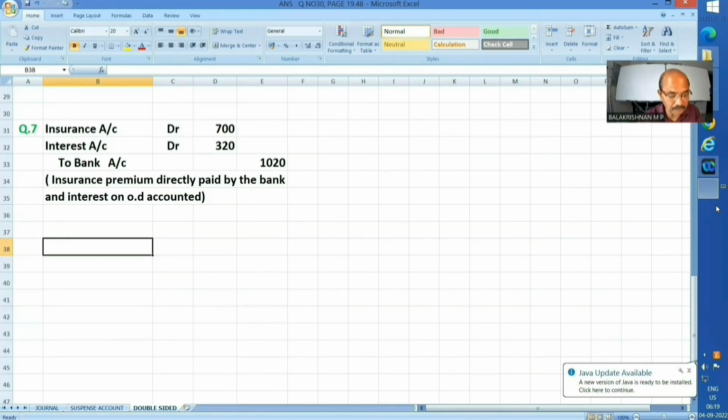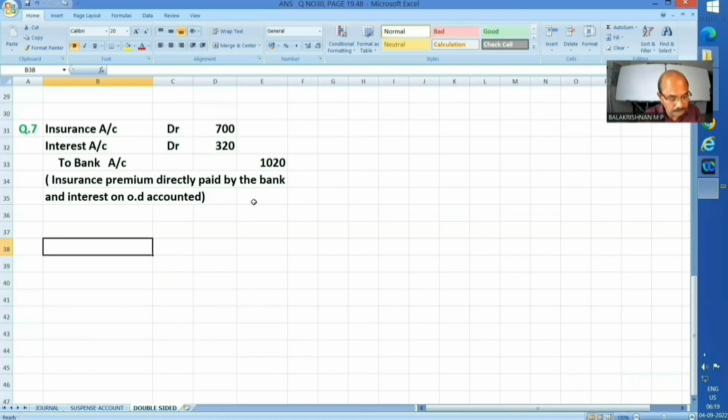That itself is a rectification. So debit the expenditures, credit the giver, that is banker. So insurance account debtor 700, interest account debtor 320, to bank 1,020. Insurance premium directly paid by the bank and interest on overdraft accounted.